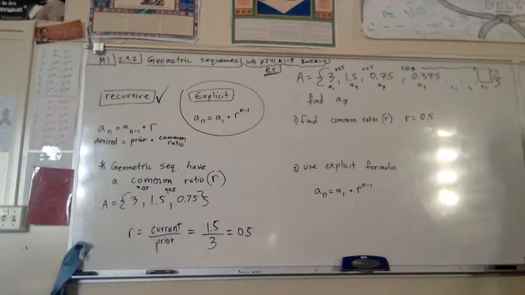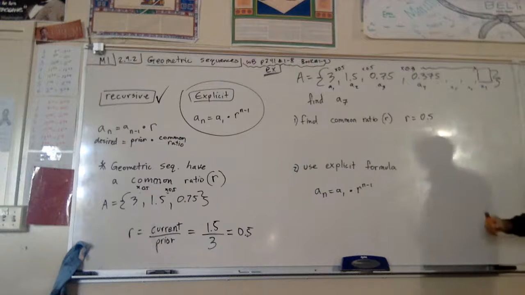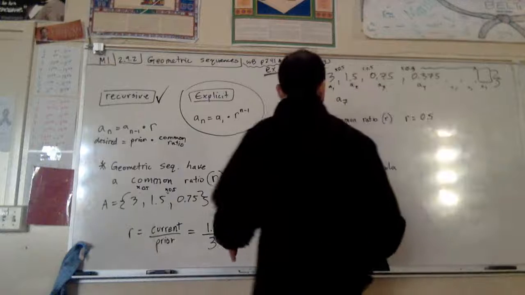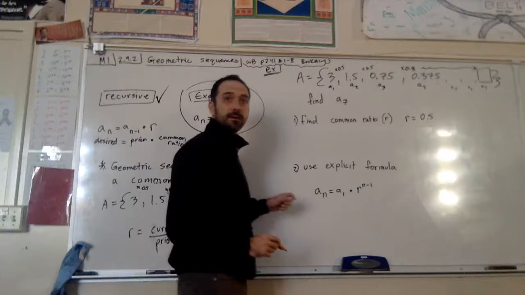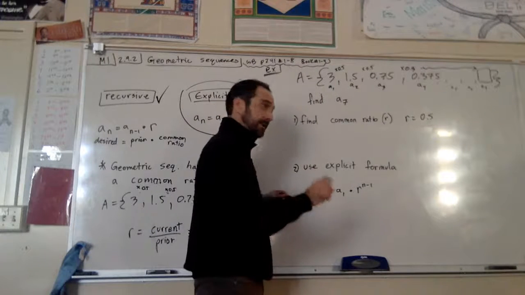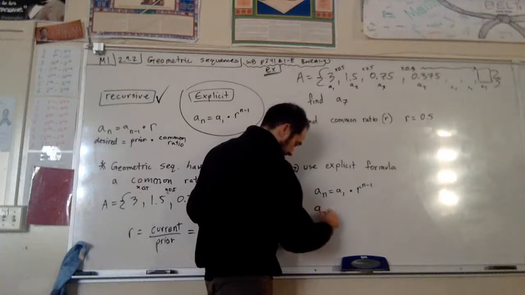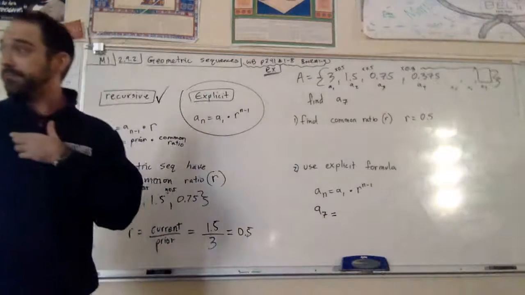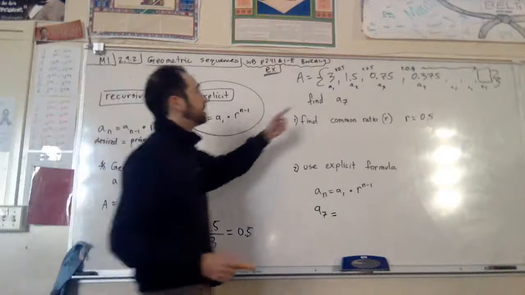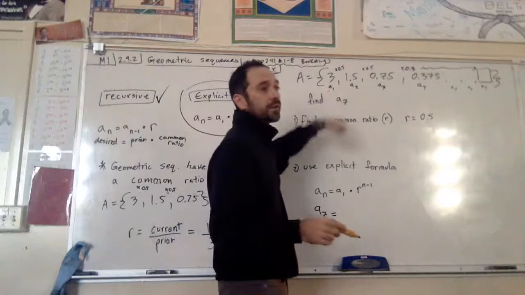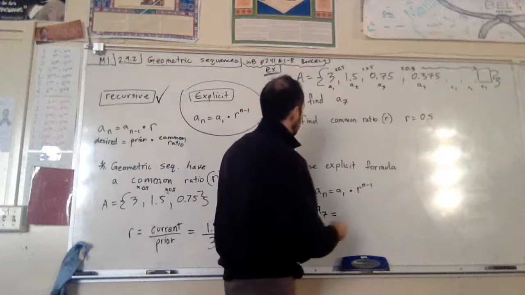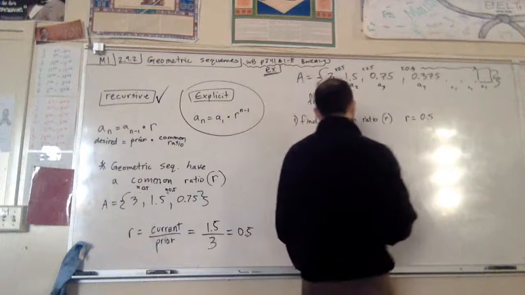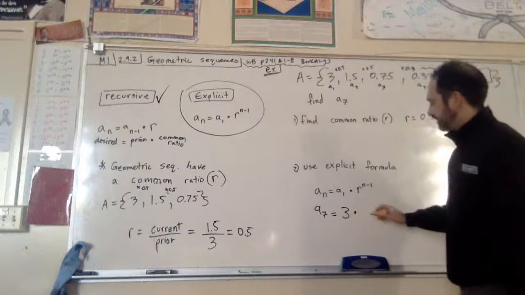Now we're going to use an explicit formula. What term are we looking for? A sub 7. So watch. A sub 7 is equal to, what was a sub 1? 3. How do you know? You already labeled it. A sub 1 is the first term. So we have the first term times, what's our ratio?